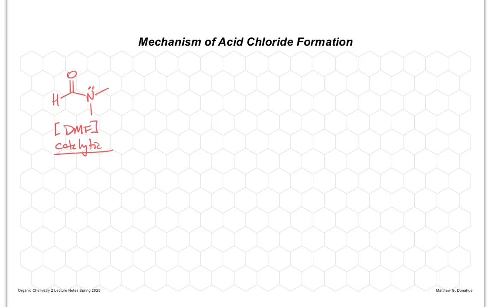So I'll get started on this. I'm not sure if I'm going to do the whole thing, but I'll show you what happens, why the DMF is used. So there's dimethylformamide, and as we saw a little bit ago, the amide has a significant resonance contributor. So the lone pair is pushed on to oxygen.